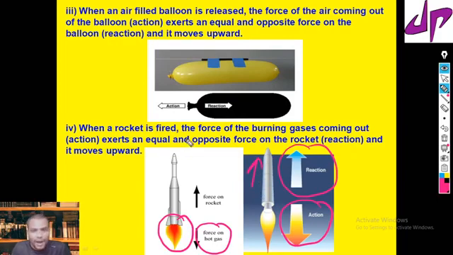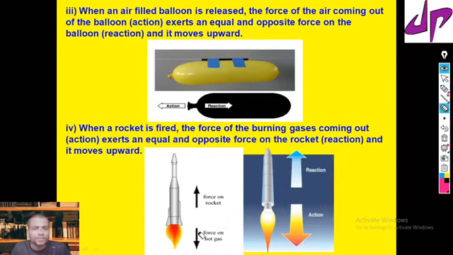When a rocket is fired, the force of the burning gases coming out exerts an equal and opposite force on the rocket. Now just imagine the weight of the rocket. If the rocket is huge and very heavy, then the gases should exert more force, and only then will the rocket move upward.